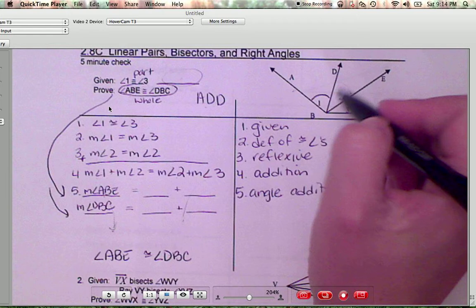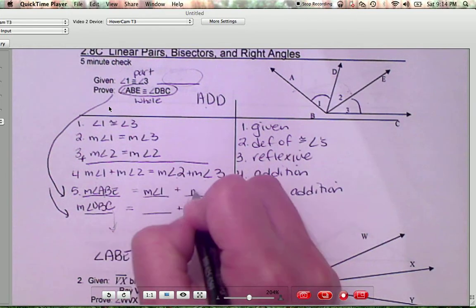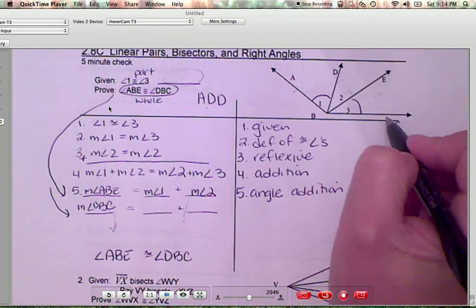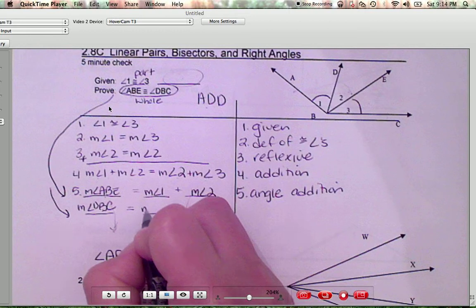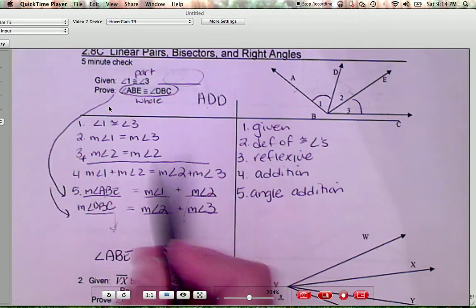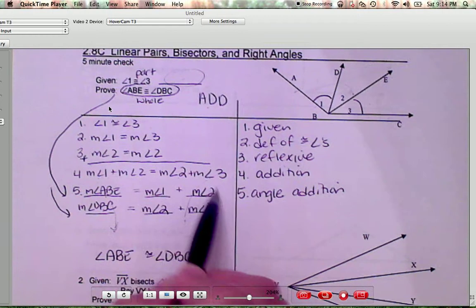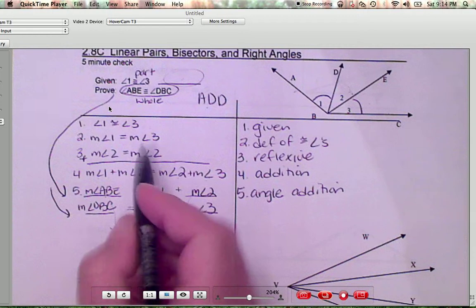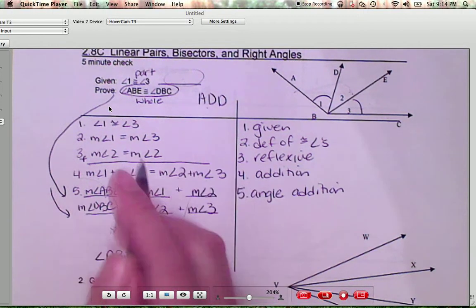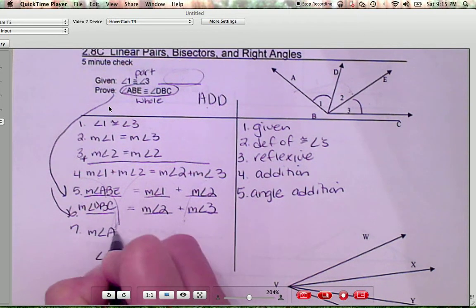ABE is made up of angle 1 and 2. DBC is made up of angle 2 and 3. So now, since 1 and 2 is equal to ABE, instead of writing this double angle, we're going to condense it down into a single angle, which is the measure of angle ABE.